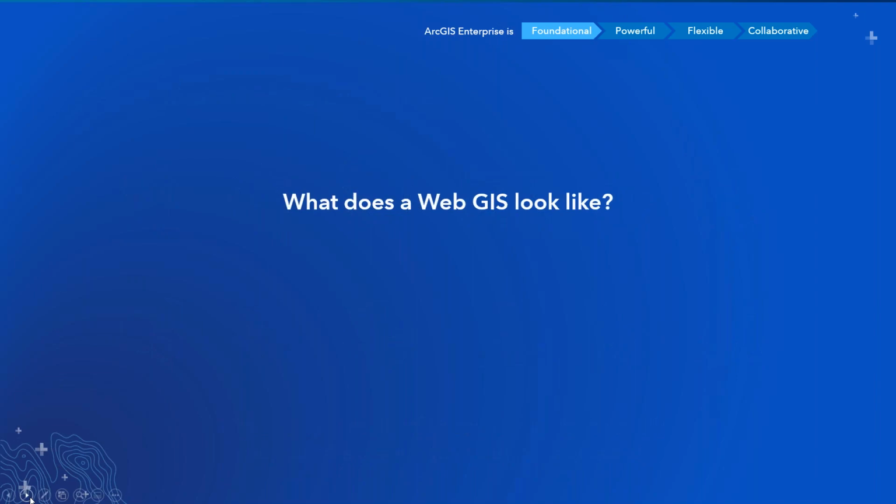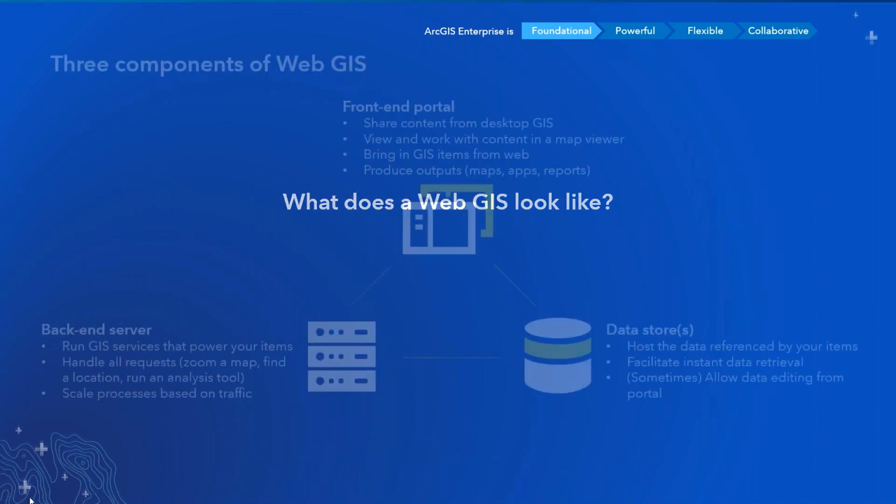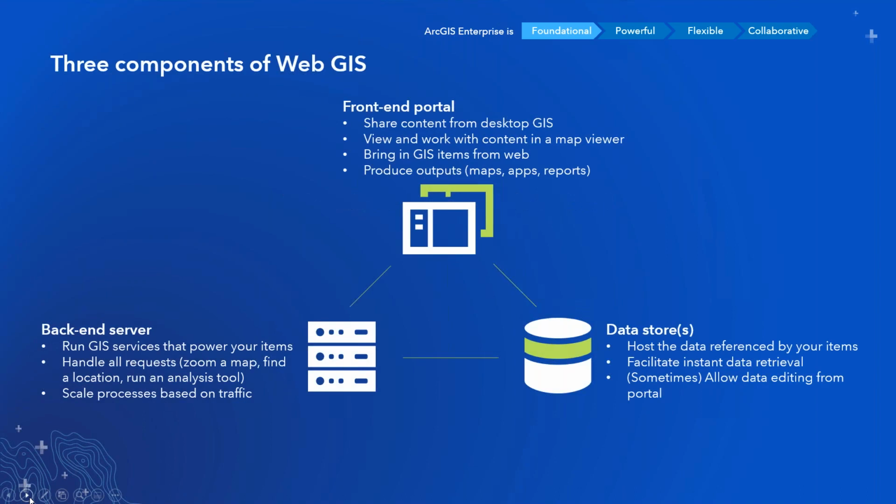So what does a Web GIS look like, right? The three major components of a Web GIS are a front-end portal, a back-end server, and data stores. You can think of your front-end portal as the storefront to your data, right? It's where you go and you see all of the content. It makes it easy to find those things.